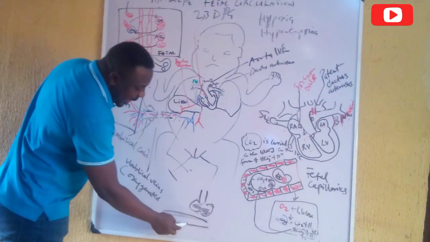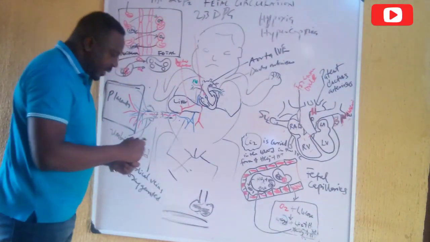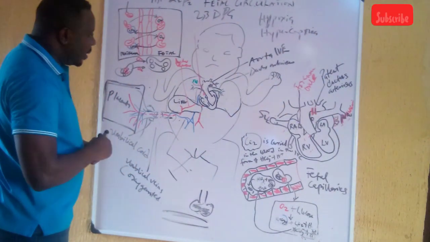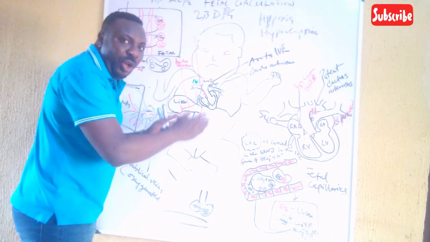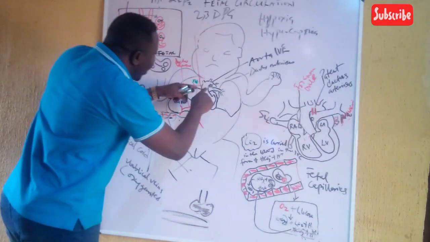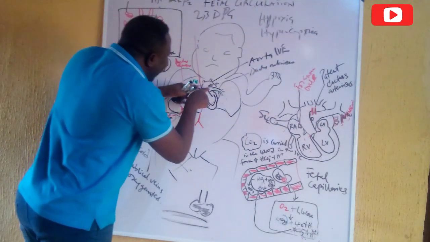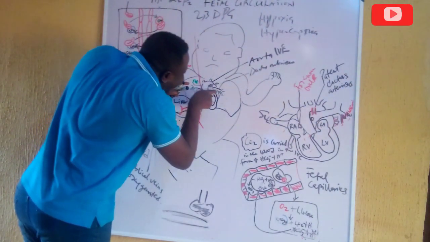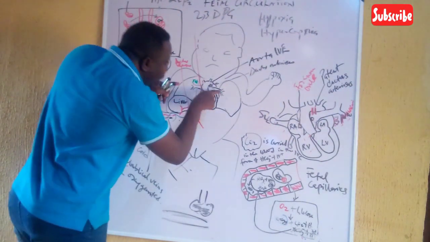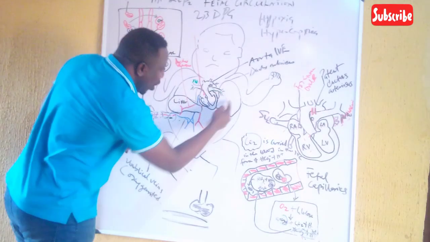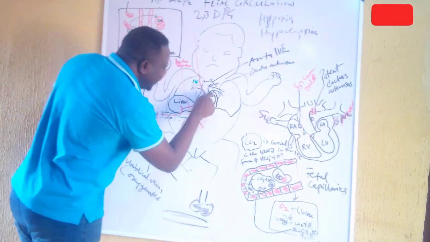When the pulmonary capillaries dilate, the pressure in the lungs reduces. Because the pressure in the lungs is reduced, blood that is coming from the pulmonary artery will likely flow to the lungs, becomes oxygenated, and goes to the left atrium.